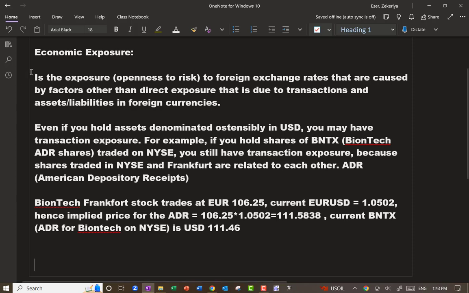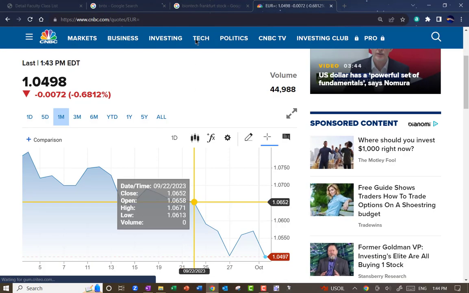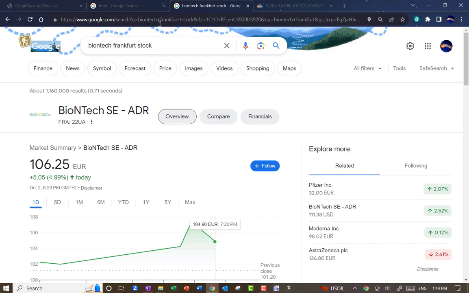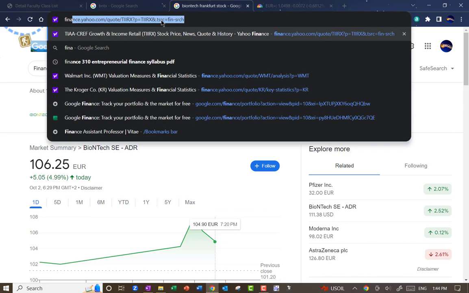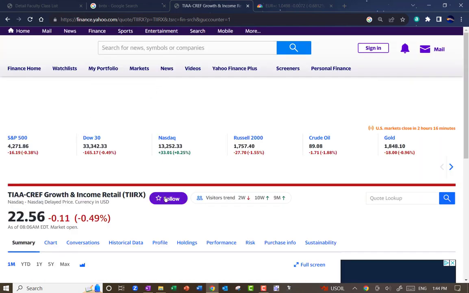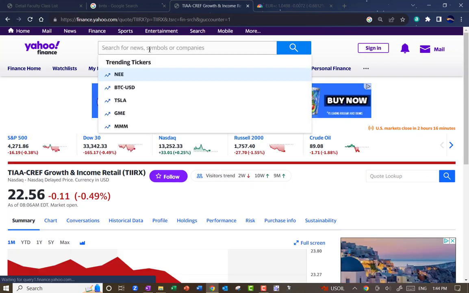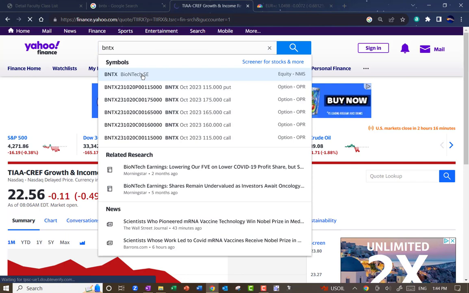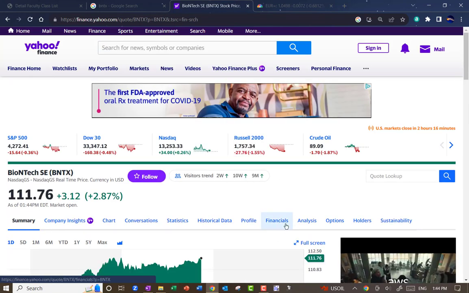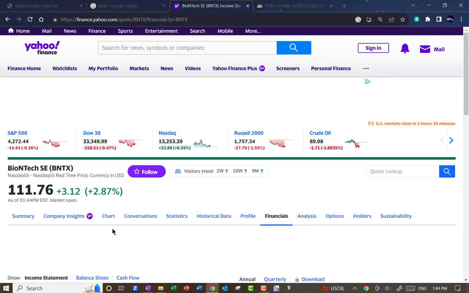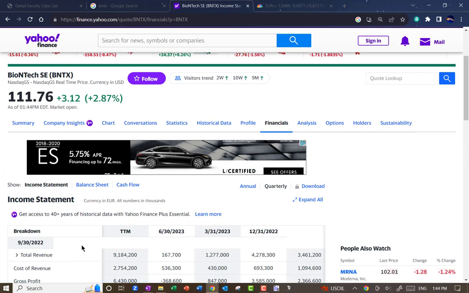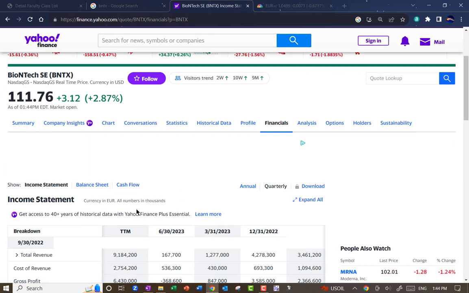In fact, if you look at their financials, quarterly, I'm going to look at the income statement.